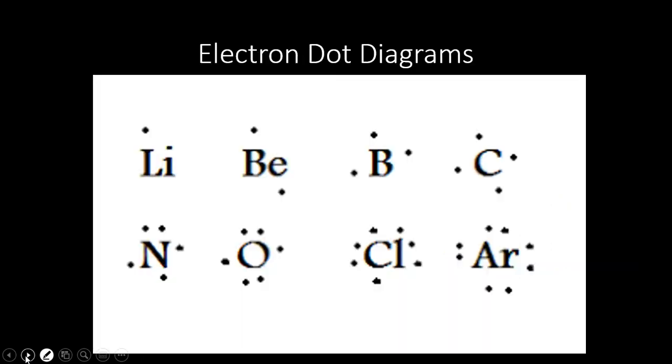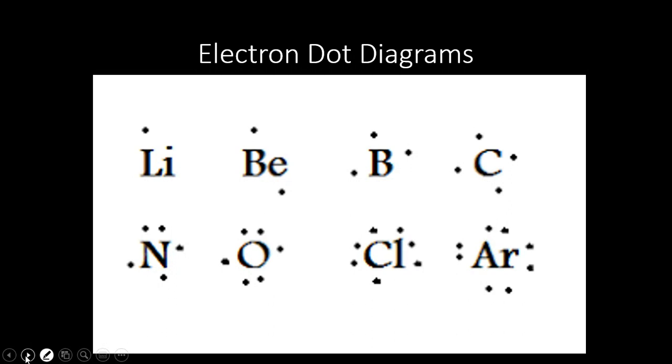Okay, so an electron dot diagram is just a way to show how many valence electrons an atom has. And that's really, really important because based off of the number of valence electrons, you can make predictions on how atoms are going to bond with other atoms, or if they even will bond with other atoms.